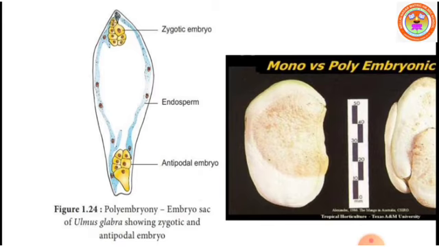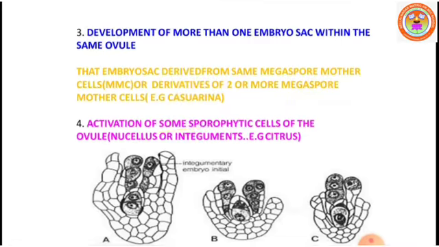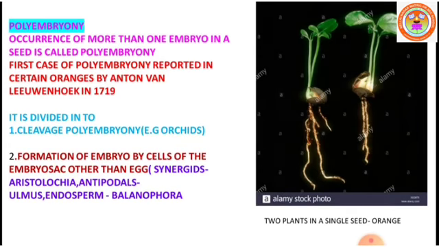Okay, children. Now let us continue with the next one, polyembryony. Occurrence of more than one embryo in a seed is called polyembryony. Polyembryony was first reported in oranges by Anton von Leeuwenhoek in 1790.